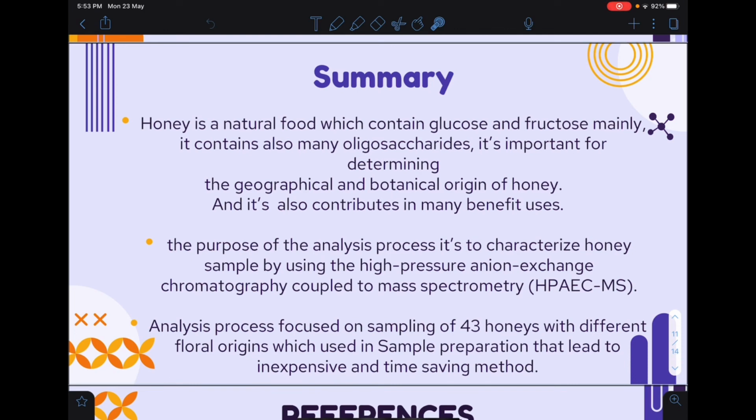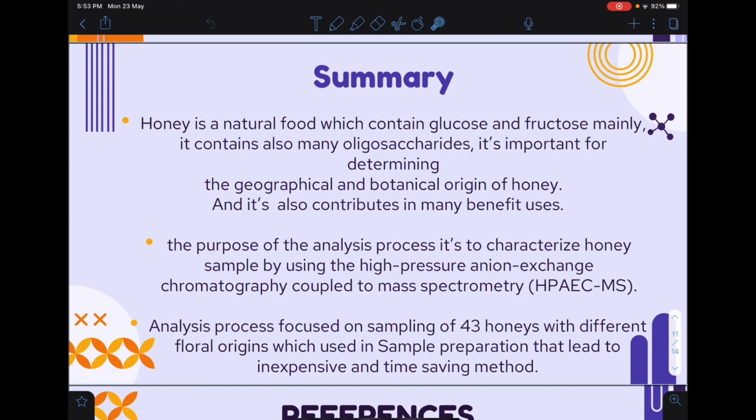The purpose of the analysis is to characterize honey of different floral origins and determine both the geographical and phytic origins of the honey by using high pressure anion exchange chromatography coupled to the mass spectrometer.